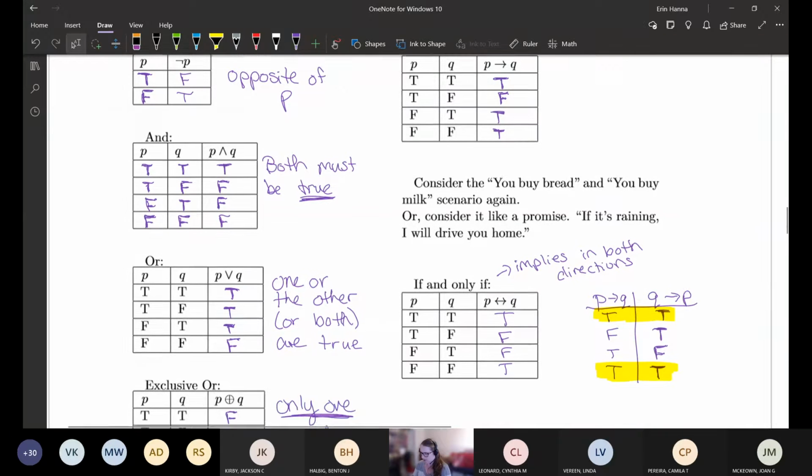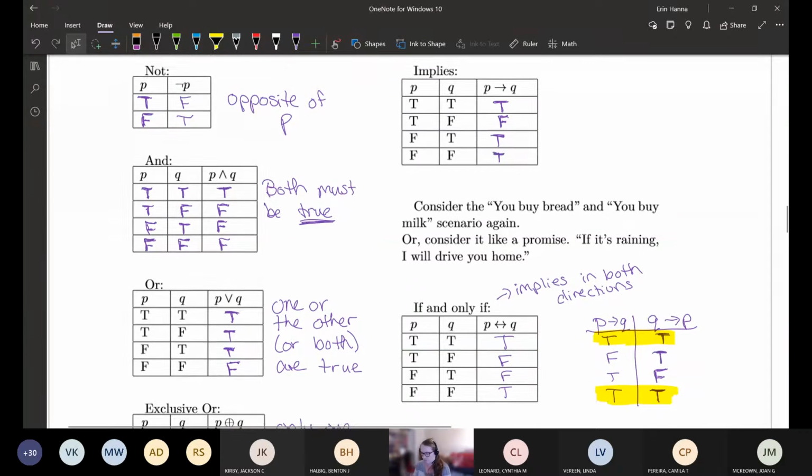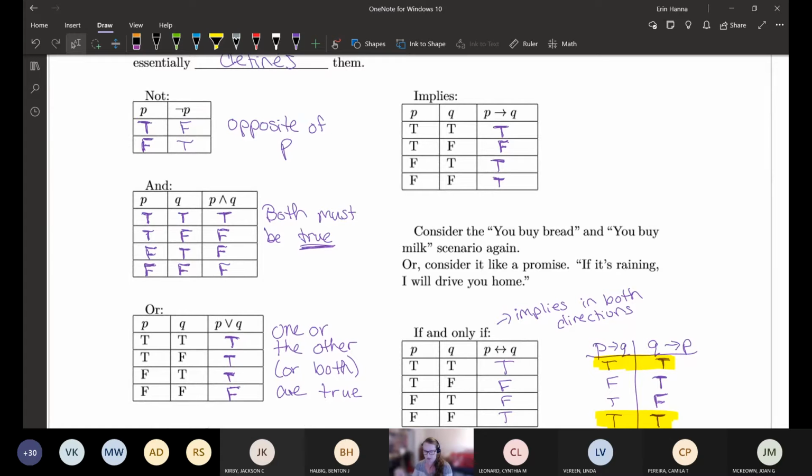We talked about these generic pieces: the and, the or, exclusive or, implies, and if and only if. The main ones we're really going to be using are the not, and, or, and implies. The if and only if and the exclusive or aren't used as often. Usually if we have an if and only if, we break it up into implies in one direction and implies in the other direction, and then an and.